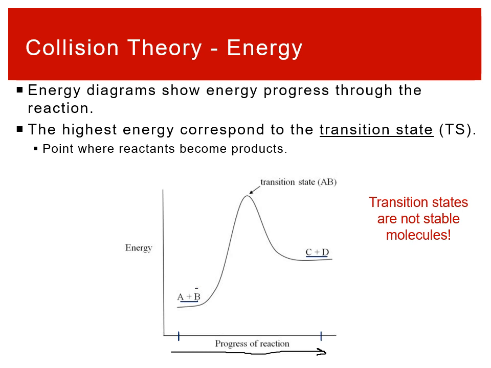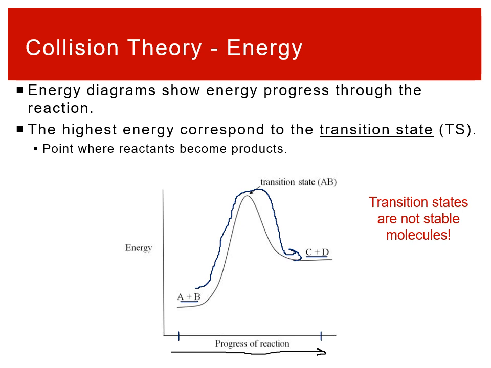So the energy goes up, and then you reach a peak, which is called the transition state, and then it goes down into the products. As the products are also stable molecules, as you get similar to the products, you get lower in energy.